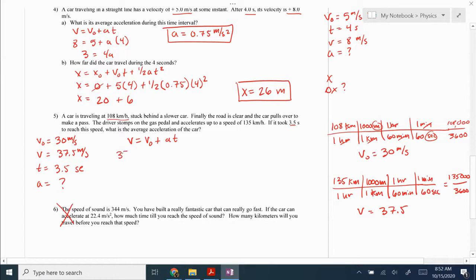Plug in the stuff you know. Subtract, you're going to get 7.5, right? Because you subtract the 30 over.